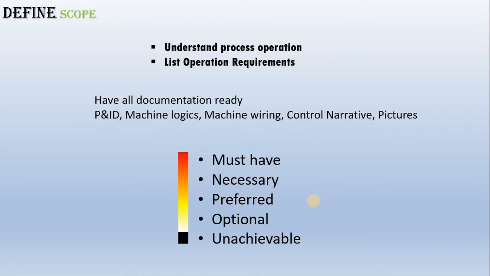With the P&ID and logic, you can understand what they want to do, what kind of data they want to move, and their expectation to control or just monitor, and so on. So we look at all the things they talk about, and then we say these are the items that we need to do, and those items maybe we will put as optional, and some of them are not achievable. The reason it's not achievable may be that the unit does not have communication or cannot communicate with our system right now, so maybe we'll call it challenging instead of unachievable.